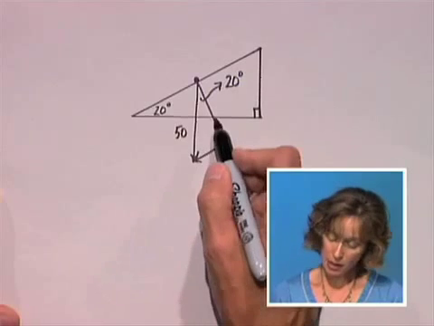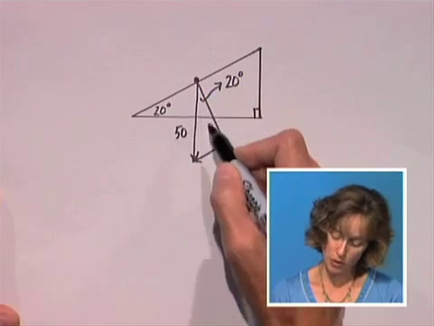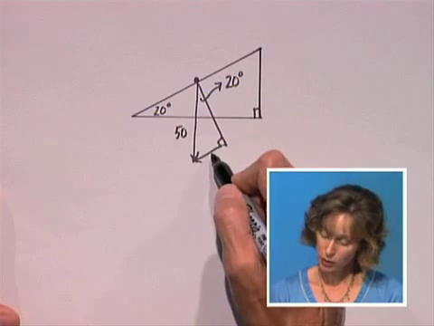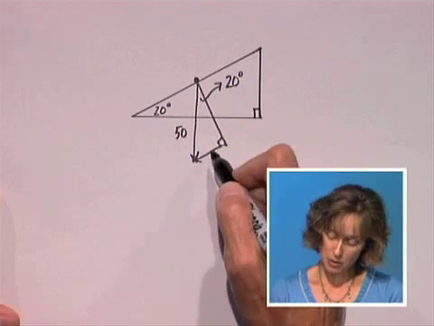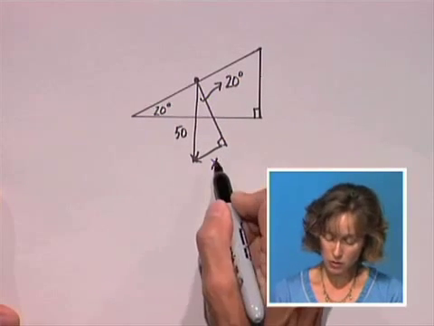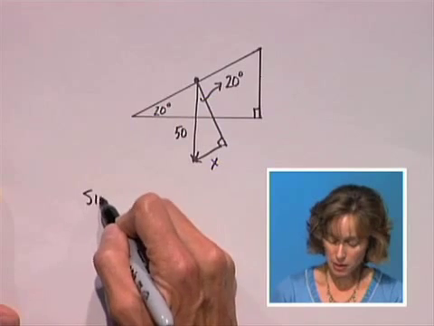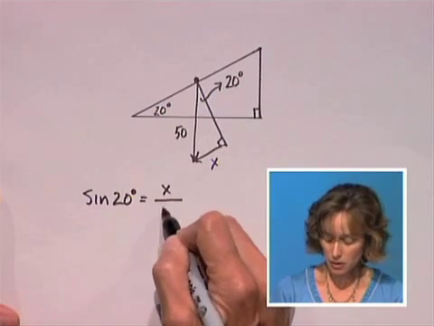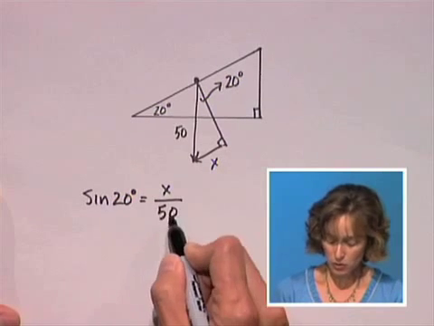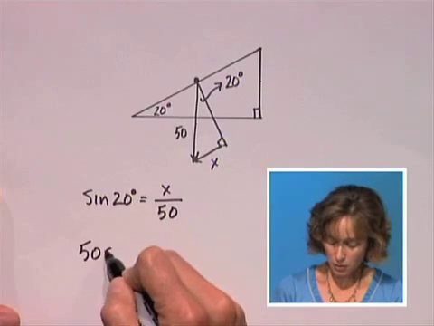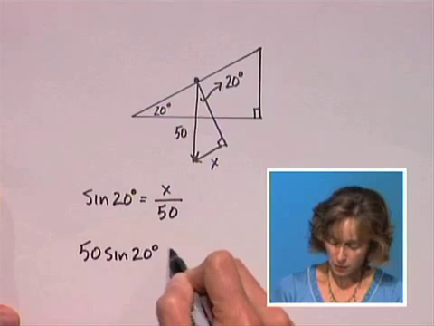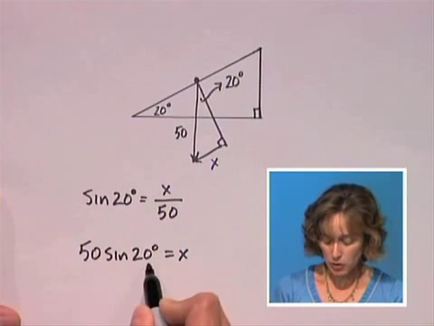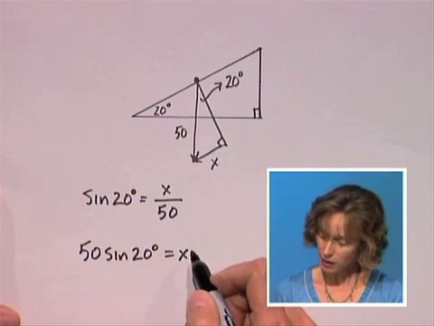So to find that, since for this angle the side I'm looking for is opposite, let's call it x. To find x, I can say that the sine of 20 degrees is the opposite side over the hypotenuse. I can multiply by 50, and all I need to do is crunch this number on a calculator to get x.